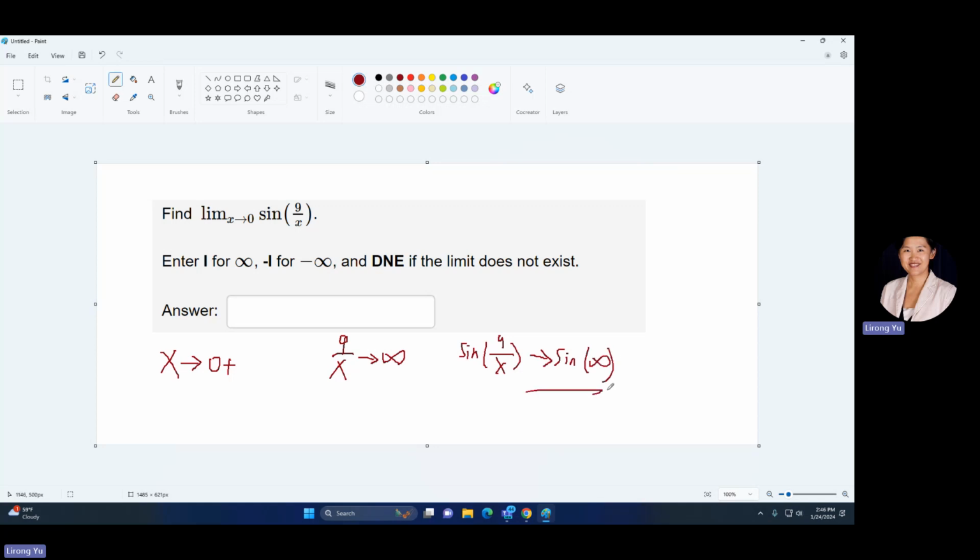When you calculate sine of a really large number, you try sine 1000, sine 2000, sine 3000, none of them are approaching any particular number. This is going to provide you a big oscillation. So sine of infinity does not have a limit. This one does not have a limit.